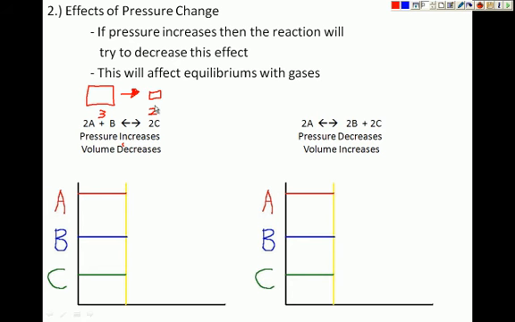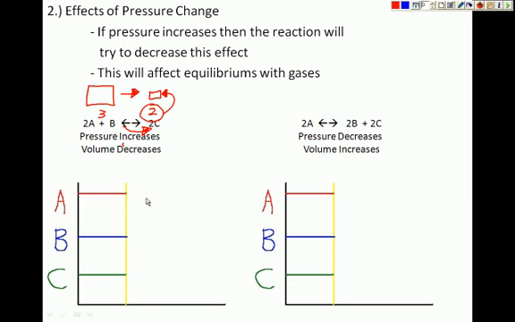What we can say is that we want to put smaller things into smaller boxes. Okay, so it's going to shift to the right because it has less particles and therefore less gas will be made. And another way you can think of it is that a smaller volume of gas will fit more easily in a smaller box. So everything is going to shift to the right.